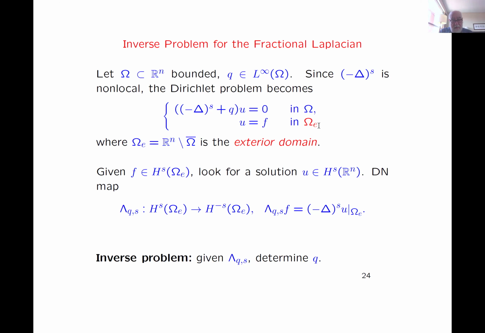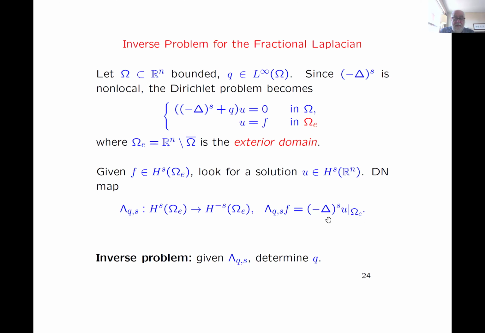So we solve the problem in the exterior. So this is information in the exterior. And the Dirichlet to Neumann map depends on s, maps H^s of the exterior to H^{-s}, and is defined as the fractional Laplacian of u restricted to the exterior.